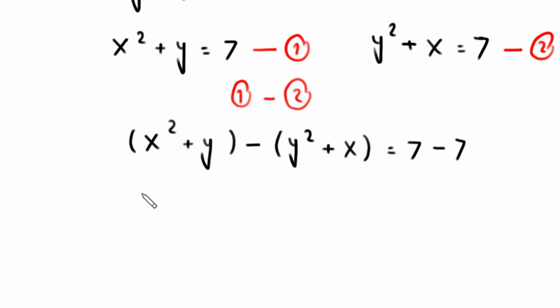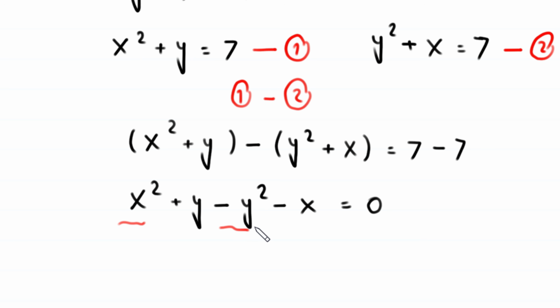Further simplify, this becomes x squared plus y minus y squared minus x equals 7 minus 7, which is 0. Now we combine the terms x squared and negative y squared, and the terms y and negative x. This becomes x squared minus y squared and negative x plus y equals 0.